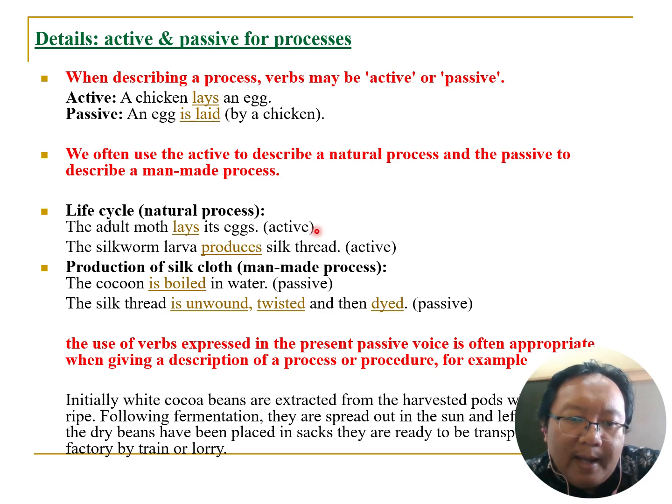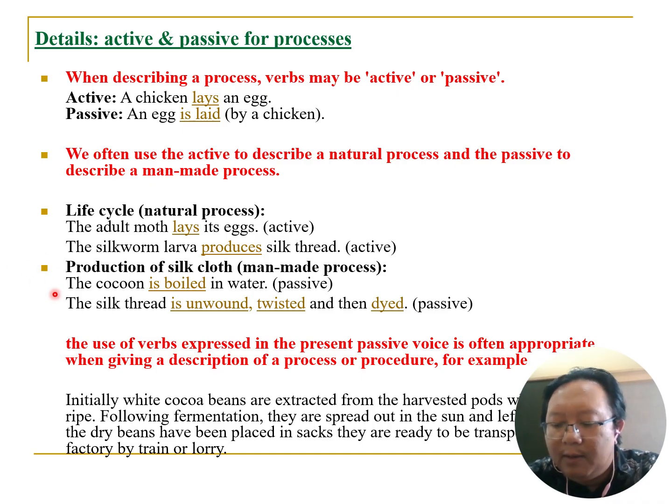It will become active. Why? Because it is a natural process. When you think that the picture is actually a man-made process, it is better you use passive voice. The cocoon is boiled in the water. Of course someone put the cocoon inside the water, right? So it means that it is a man-made process.